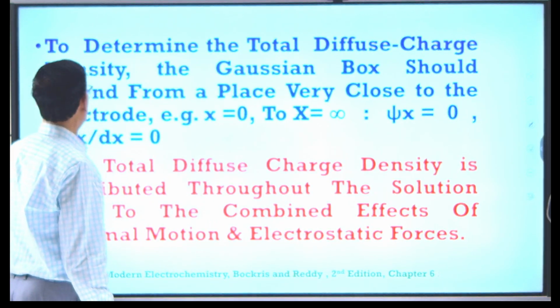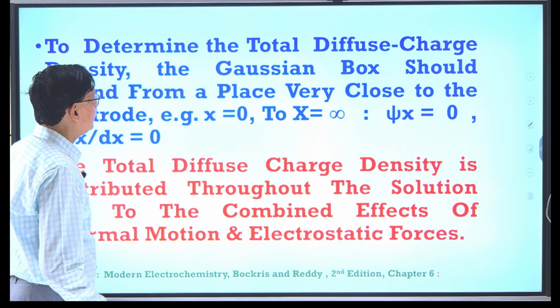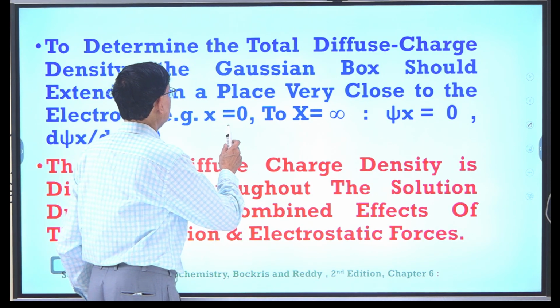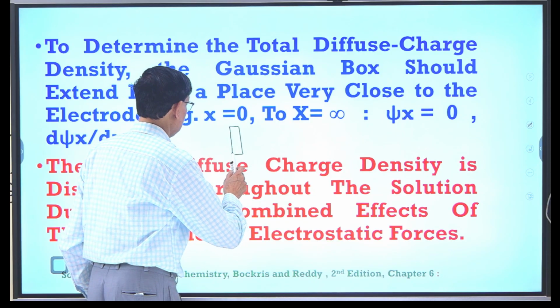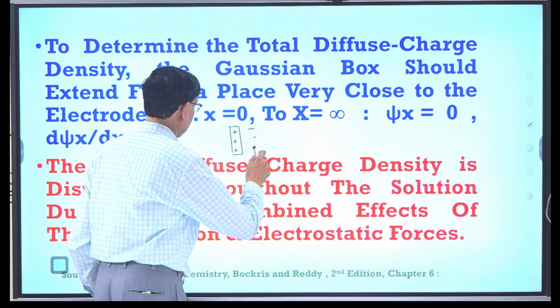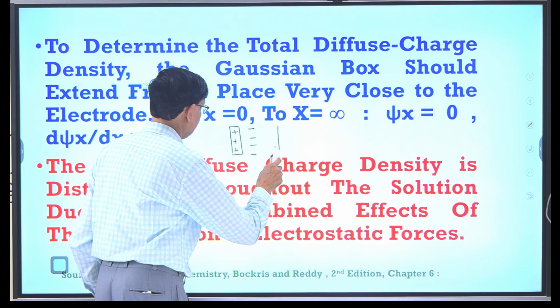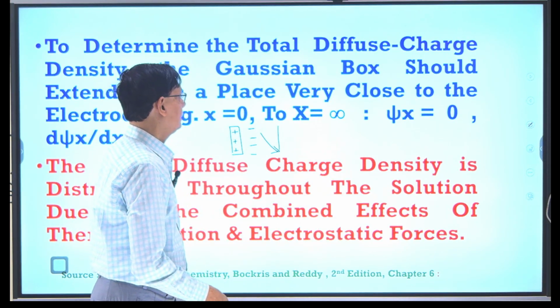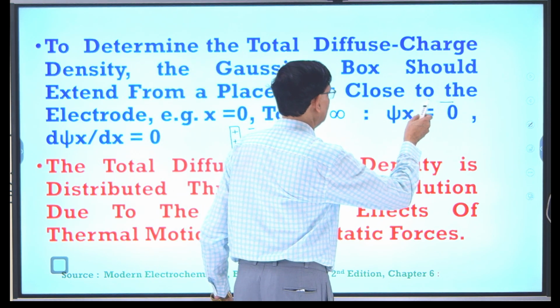The Gaussian box should extend from a place very close to the electrode, because we consider that this is electrode positively charged. Here there is a little negative charge, and here you go to where x is equal to infinite, because there is no change, delta x is equal to 0.